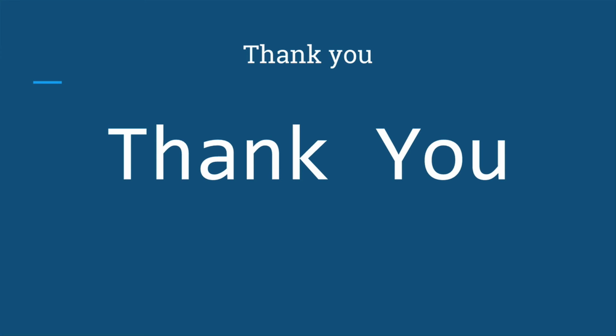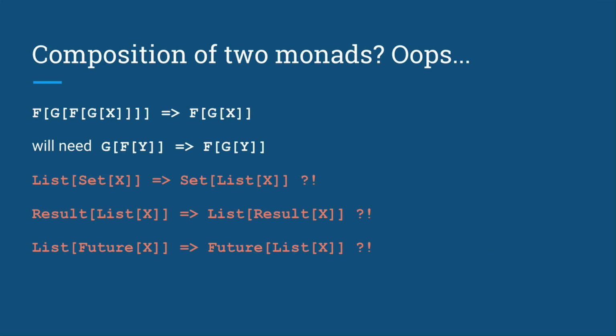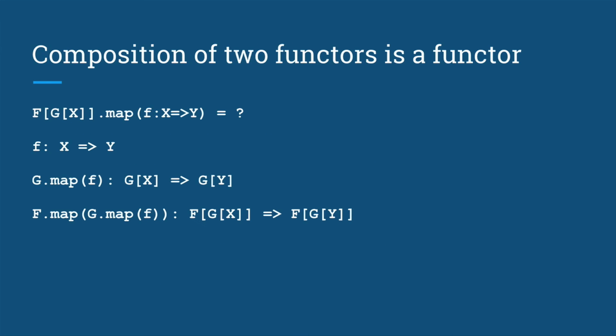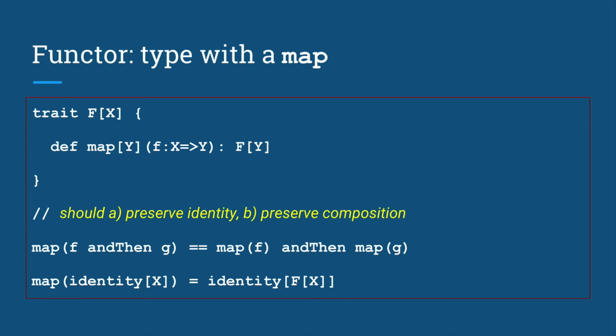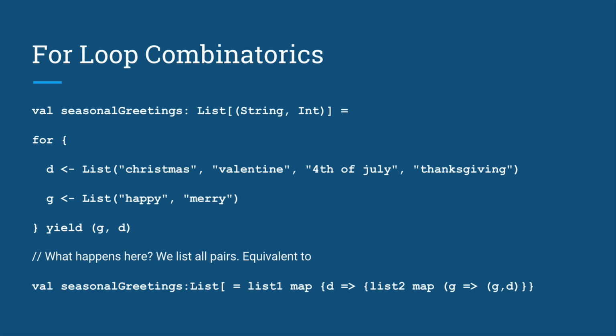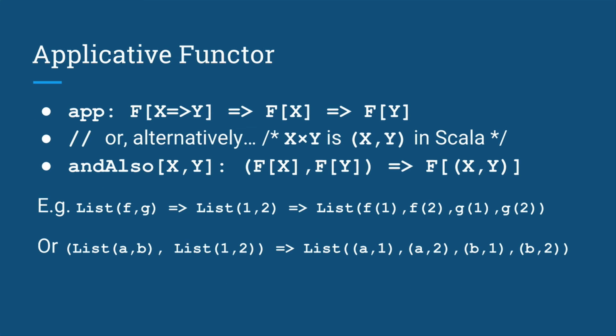Should I go back to the first slide? So, functor: a type with a map. Applicative functor: we have this mapping, or alternatively, we have an operation that converts the Cartesian product with f on the Cartesian product.